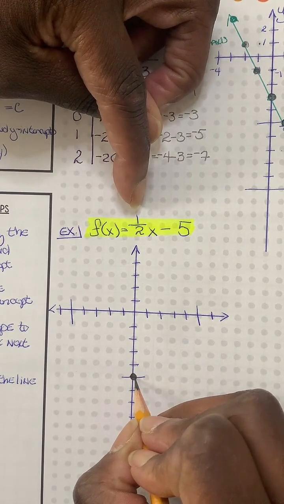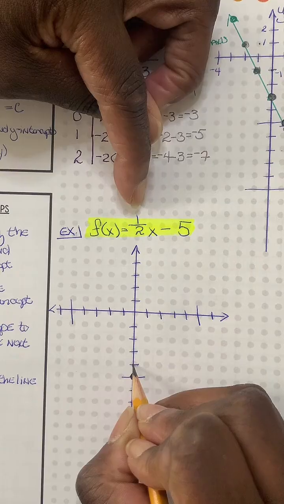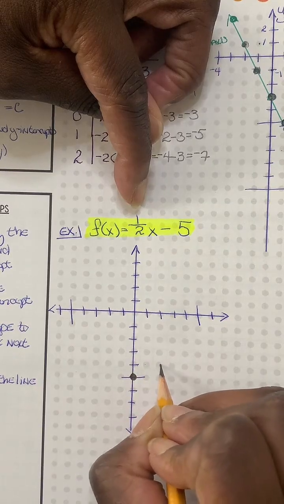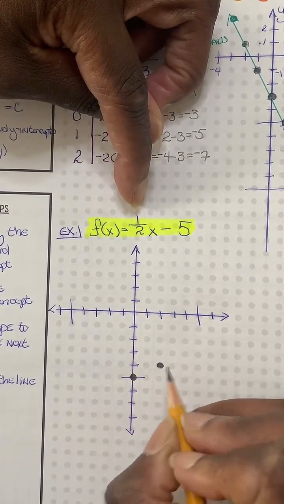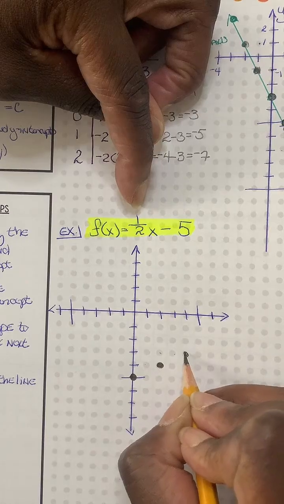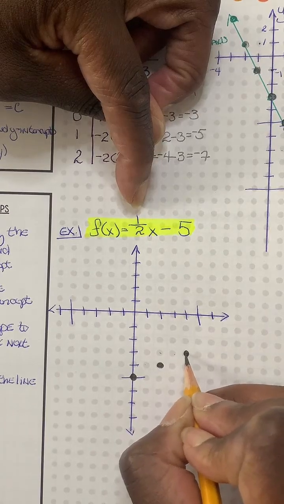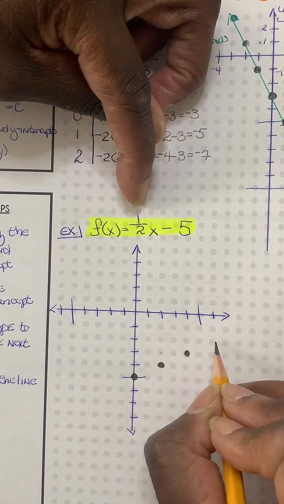My slope is 1/2. So that means I'm going to go up 1 and to the right 2. So I go up 1, to the right 2.